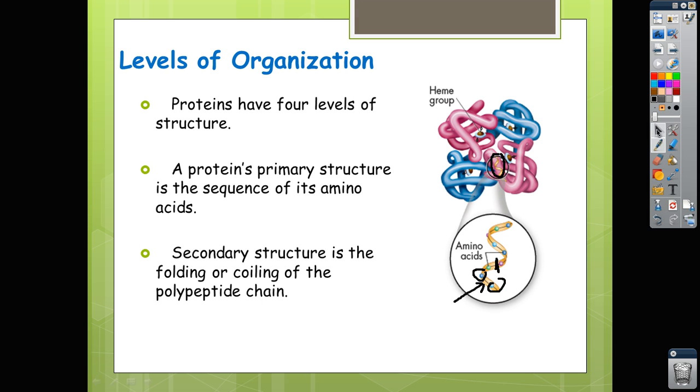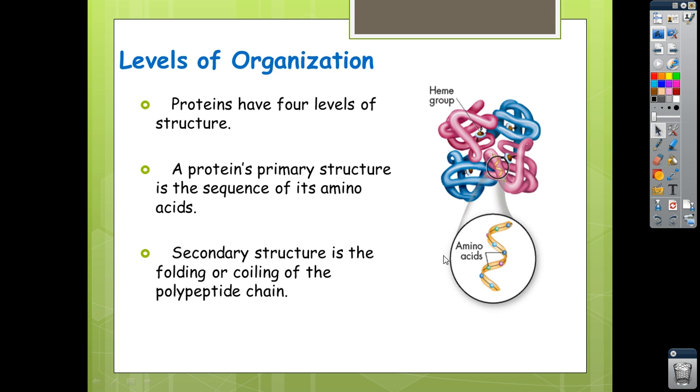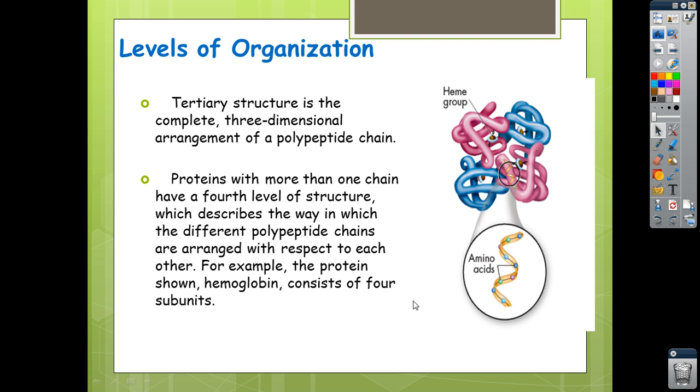You get a secondary structure when these amino acid chains start to fold one over the other. Once that folding continues, you get a tertiary structure. A tertiary structure is basically where you have your 3D. You no longer have just a top and a bottom, but now you have a top, a bottom, and a side. So now you have your three-dimensional arrangement, your tertiary structure.